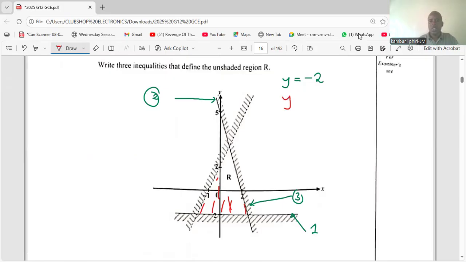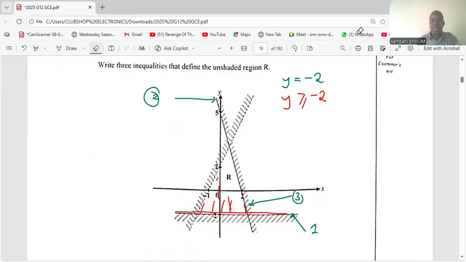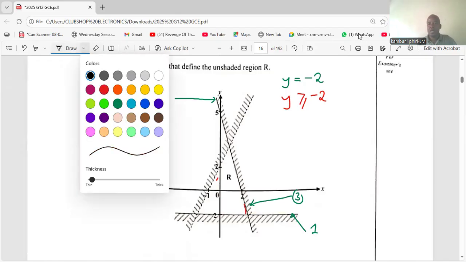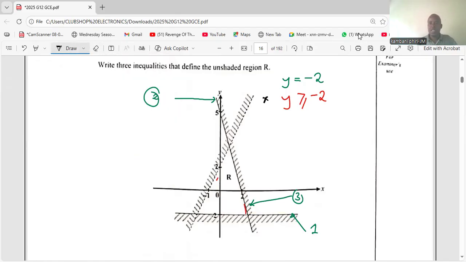So we'll say y is greater than -2. But we're able to see that this is a solid line, a complete line, so we attach a bar there. So we have got y is greater than or equal to -2. So that's your first inequality. You don't need to waste time. All right? So that's number one.